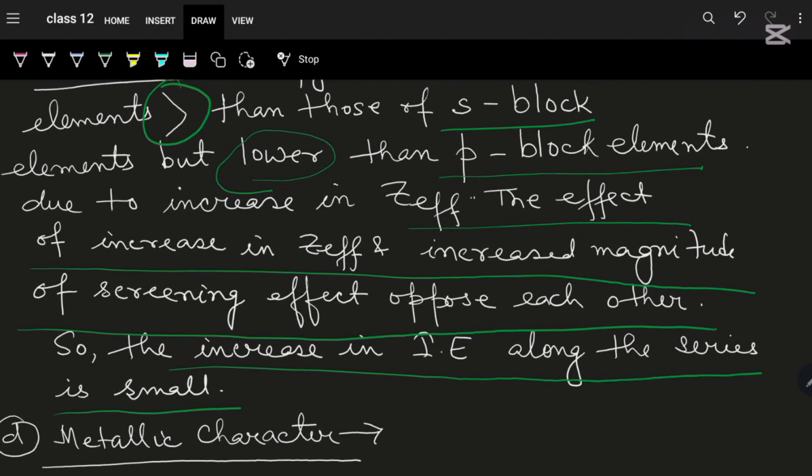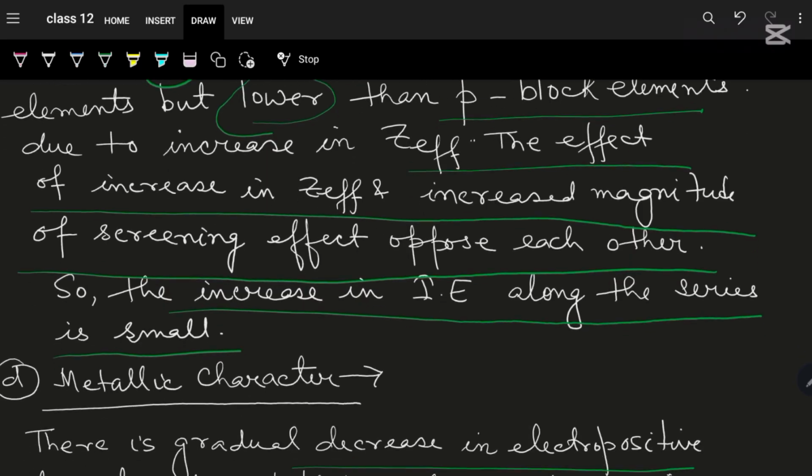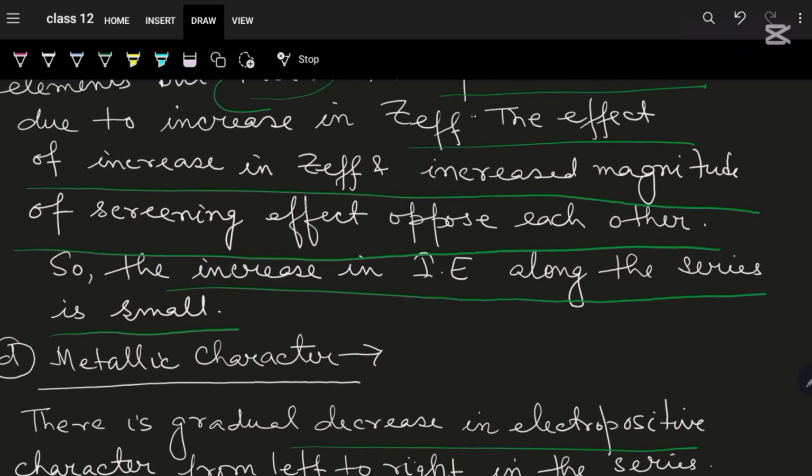Why? Their atomic radii is greater than that of the P block elements, and in P block elements, the effective nuclear charge increases. That is what is mentioned here. So here again, the effect of the increase in Z effective, that is effective nuclear charge, and increased magnitude of screening effect oppose each other.